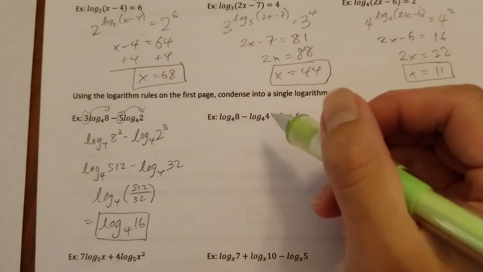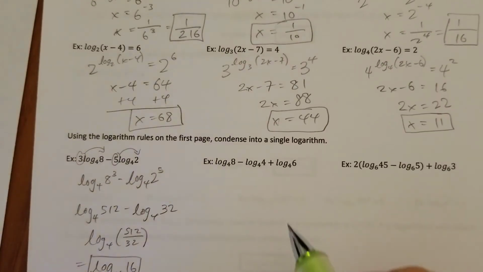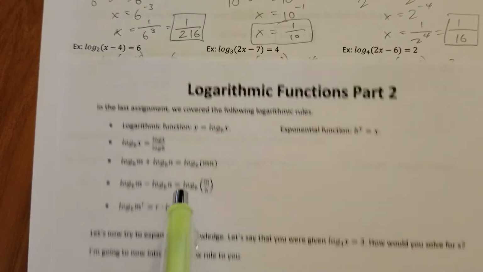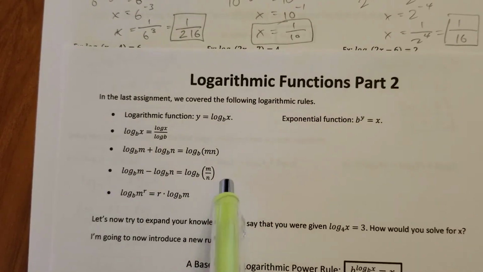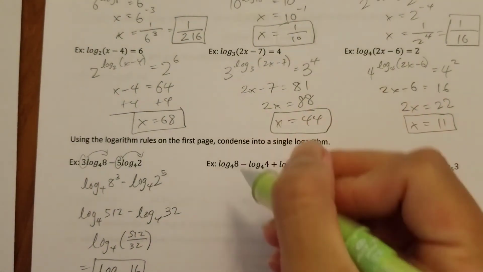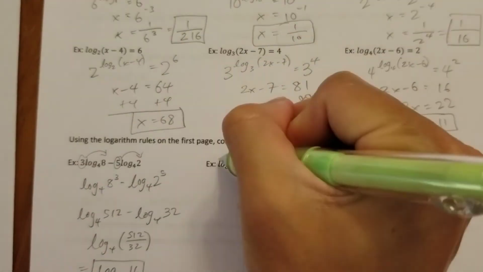Okay, this one. So this one I see is a combination of multiplication and division. So I'm going to first take this one.